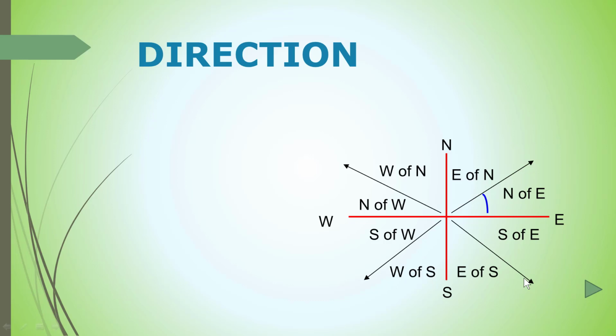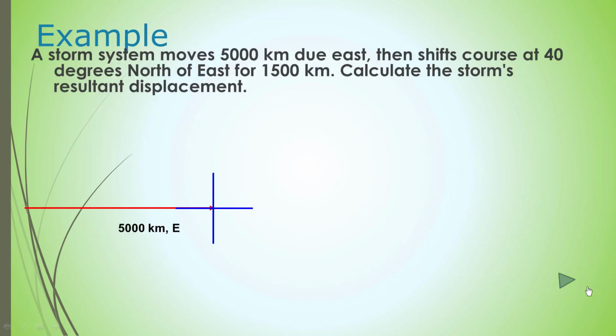So these directions were given. In the given example, we have north of east, so we will use this direction: 40 degrees north of east for 1500 kilometers, okay.